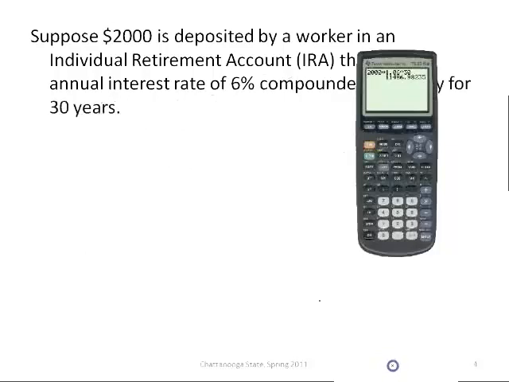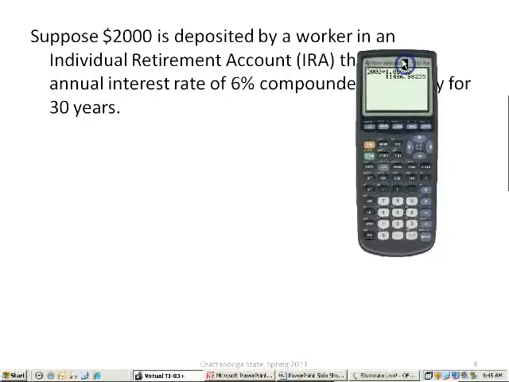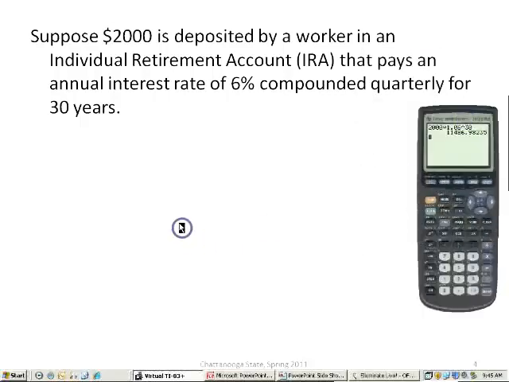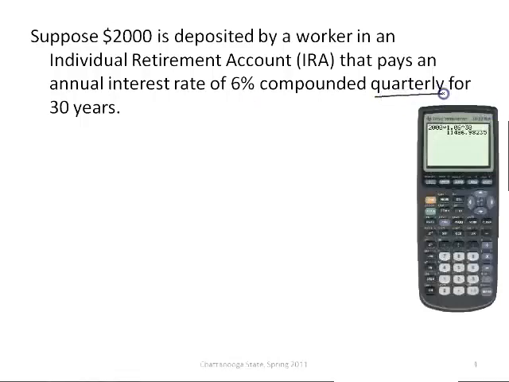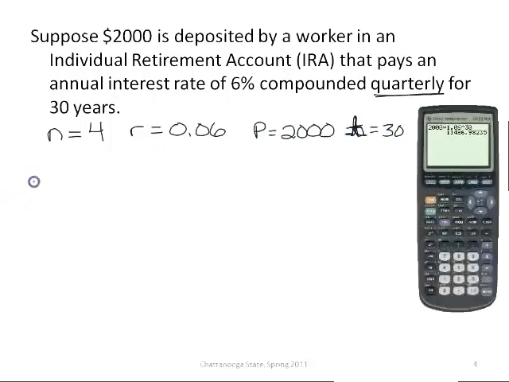Now that was compounded once a year. Let's take the same deposit, same interest rate, and this time we're going to compound it quarterly. Quarterly means that the number of times each year it's compounded is going to be 4. We're still going to use an R of 0.06, a principal of 2,000, and a T of 30.